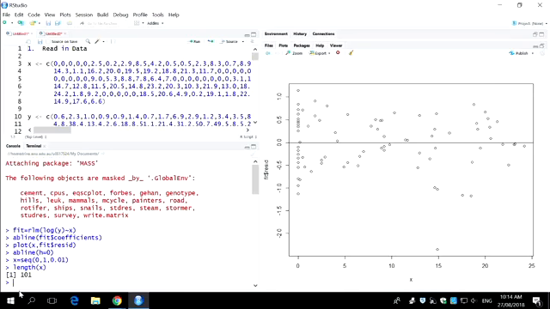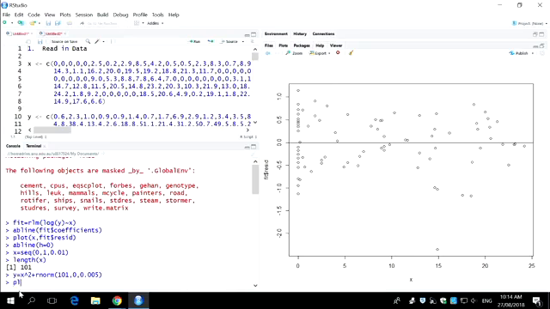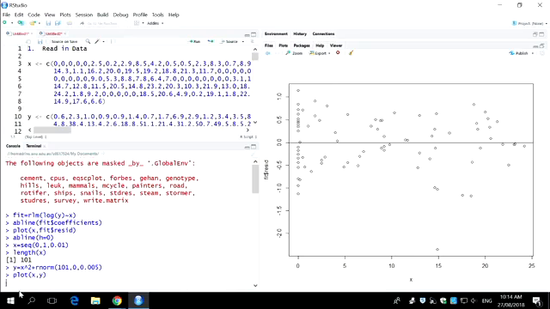Yeah, 101. So Y is going to be X squared plus rnorm. I'm going to generate 101 of them, mean 0, and I'm just going to have a little variance here, 0.005. That'll do. Okay, I'm going to plot xy.